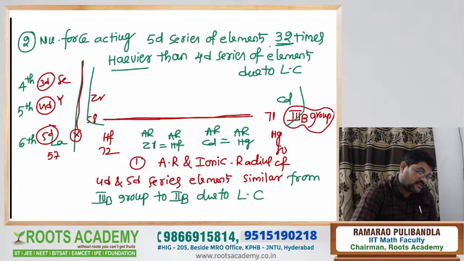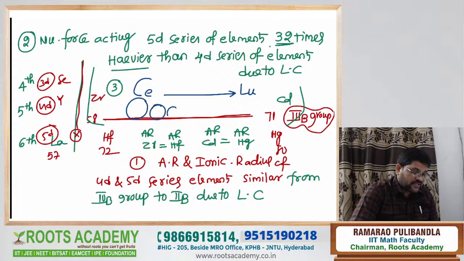And see the third consequence. The third consequence is a very, very important consequence. From cerium to lutetium, atomic size gradually decreases.